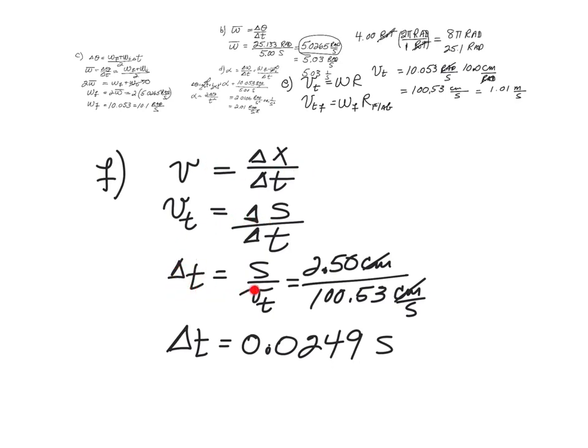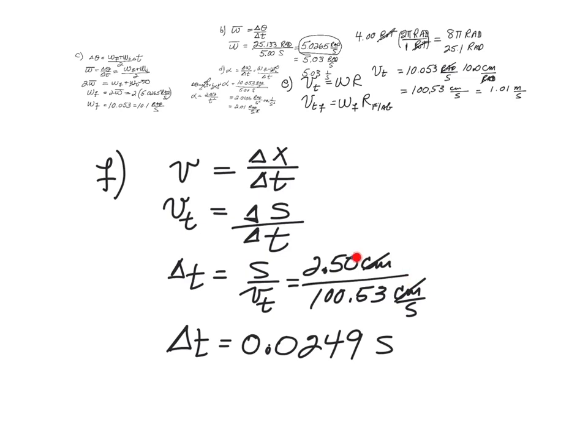Notice I solved it for time. Time equals the displacement over the velocity. So in centimeters, there's the distance, and there's the velocity. And notice I canceled the centimeters. I put the units and canceled them. That's what I'm looking for.